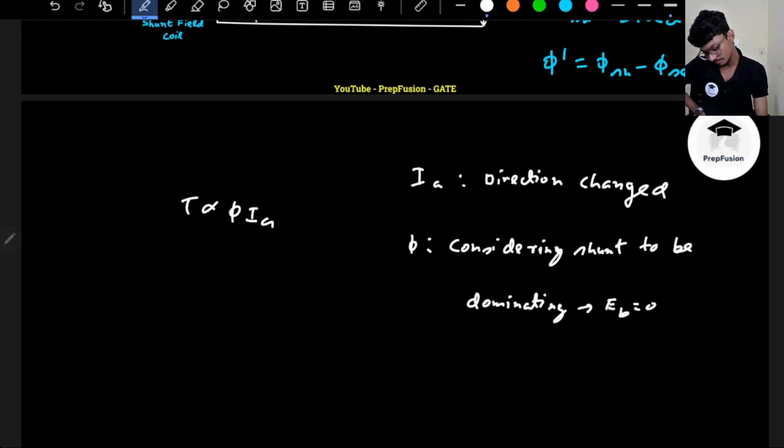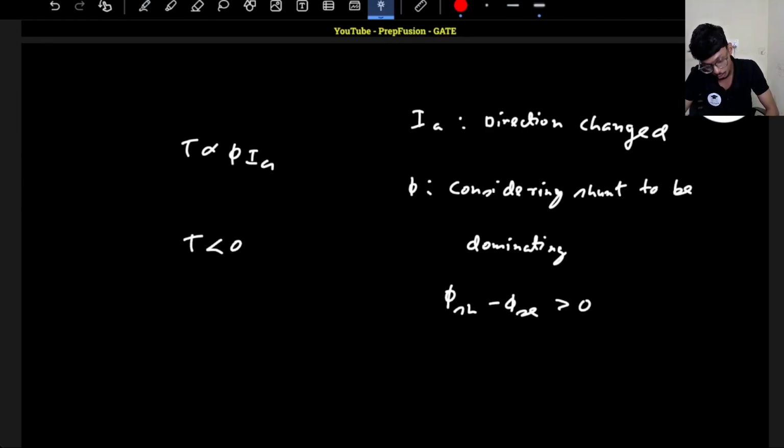If EB is 0, IA will be very high. How can I assume shunt to be dominating? That is not correct, right? But our assumption in most cases is that shunt will be dominating. You will always assume that shunt will be dominating. So you can write again, whatever the increase in series flux, still this will be positive. If this is positive, overall the torque will be negative. So if you are following this, you are actually wrong.